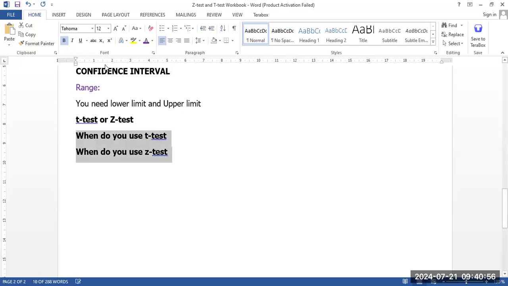Do you recall, colleagues? When do we use t-test and when do you use the z-test? Who can recall?